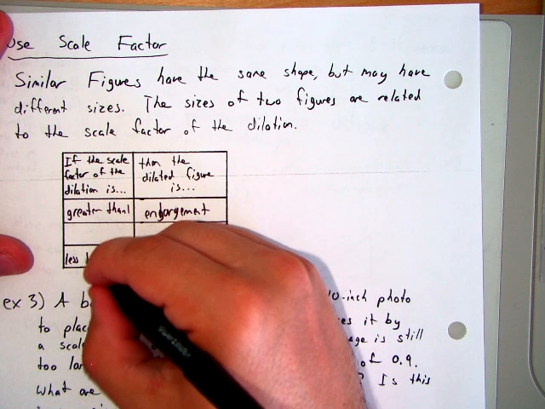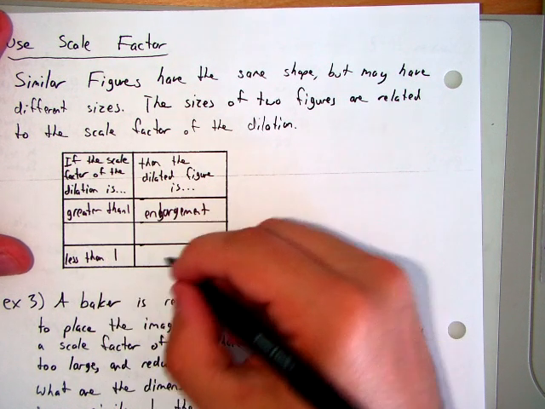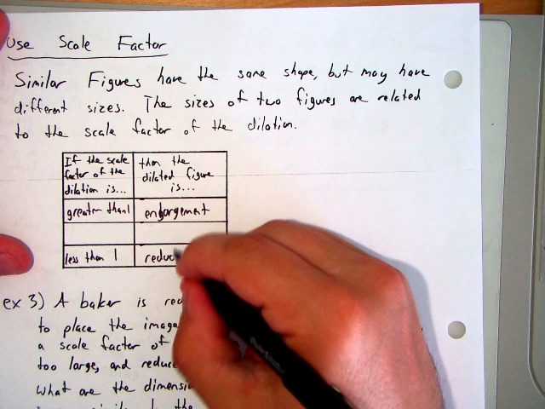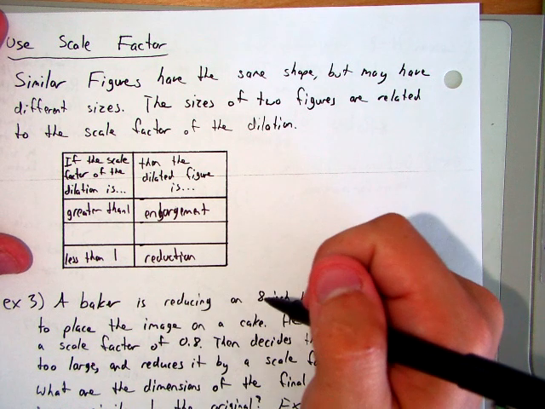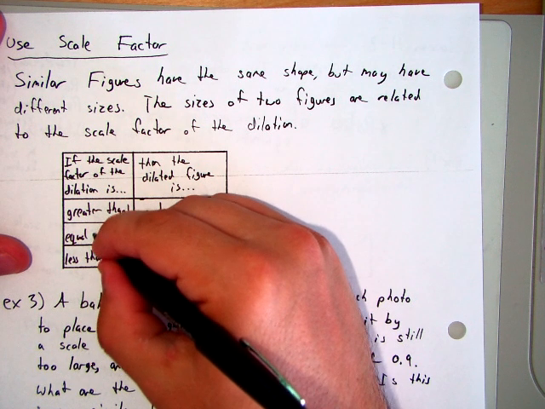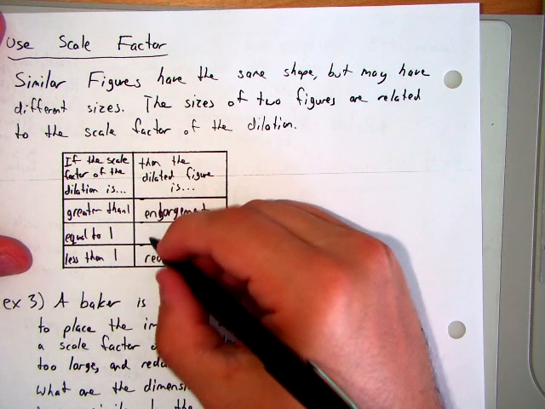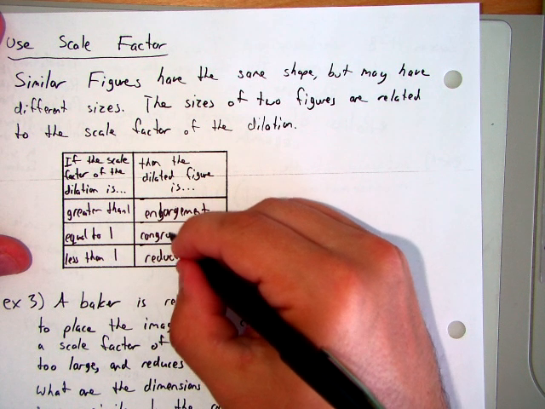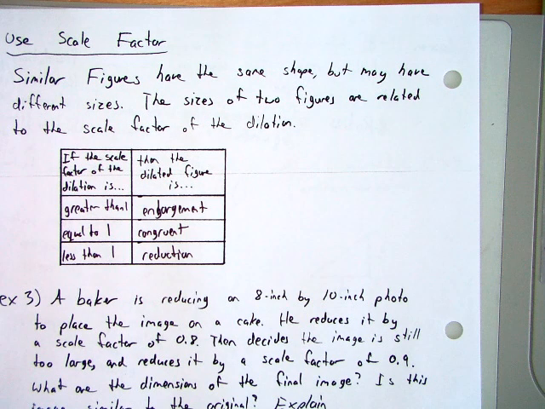If it is less than 1, it is a reduction. And this doesn't happen often, but if it is equal to 1, those two shapes then would be congruent, because they'd be the same size. Multiplying by 1 does not change anything. That's one of the identities.